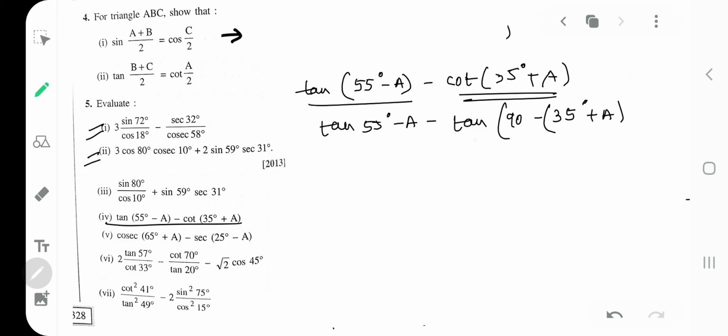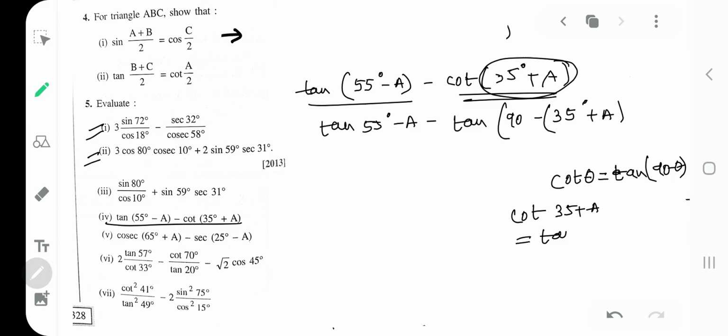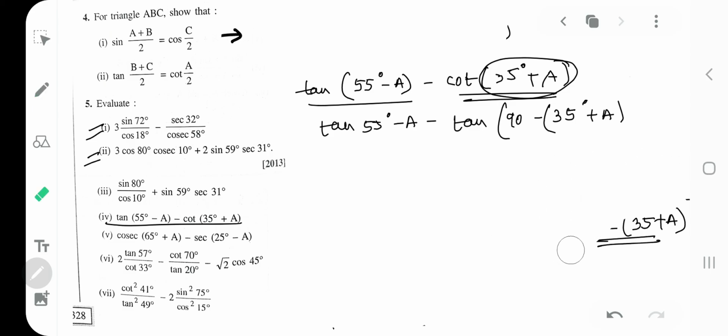Cot की जगह पे tan और यहाँ पे जो भी एंगल होगा, अगर आप 90 से सब्ट्रैक्ट कर रहे हैं, so 90 minus theta, because we know very well cot theta is equal to tan 90 minus theta. So if I give you cot 35 plus A, that will be equal to tan 90 minus 35 plus A. Don't forget to put the bracket.